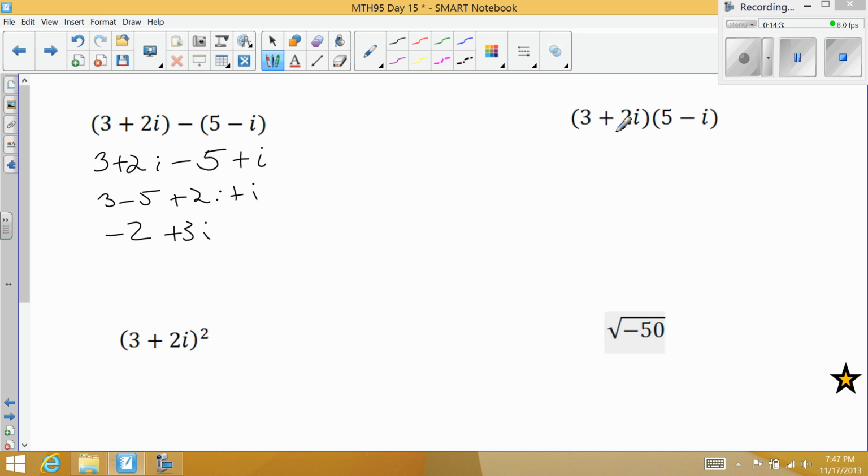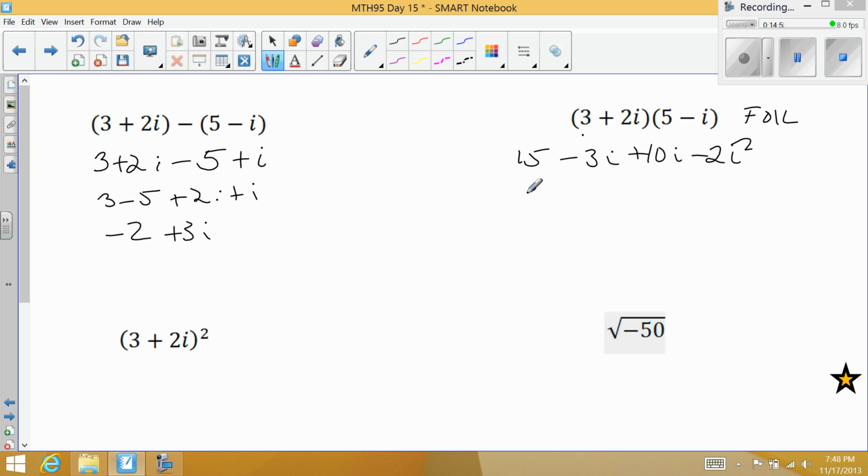Whereas if we've got 3 plus 2i times 5 subtract i, then we have to FOIL this out. So I have 3 times 5 for 15, 3 times negative i for negative 3i, 2i times 5 for 10i, 2i times negative i would be negative 2i squared. Don't miss the square there.